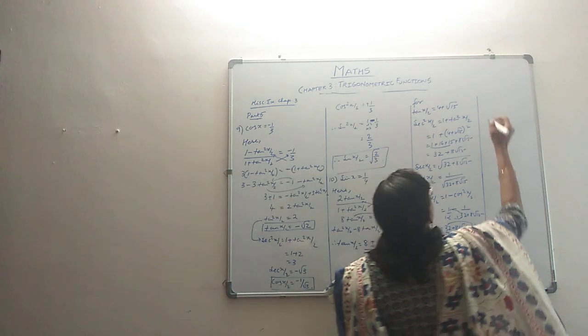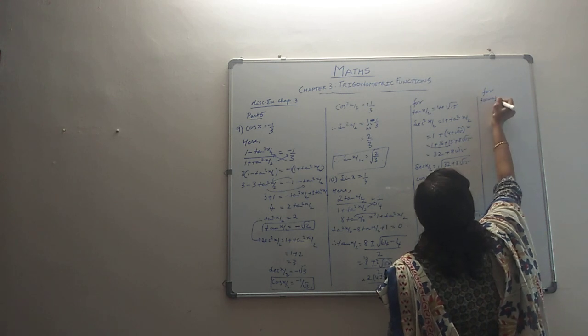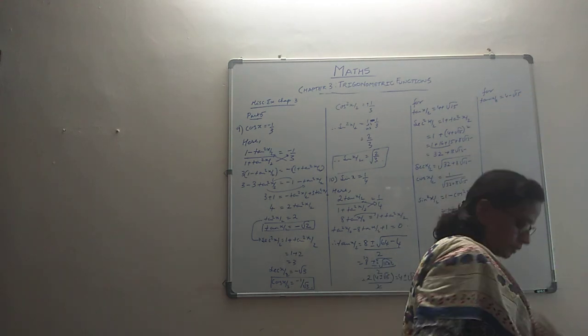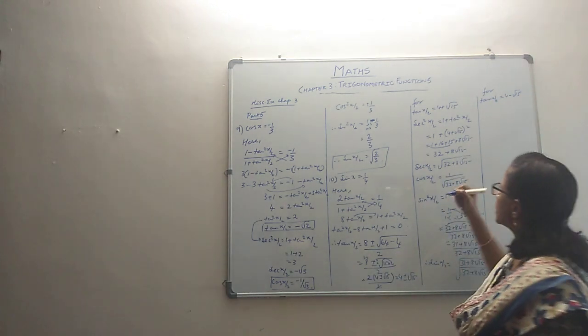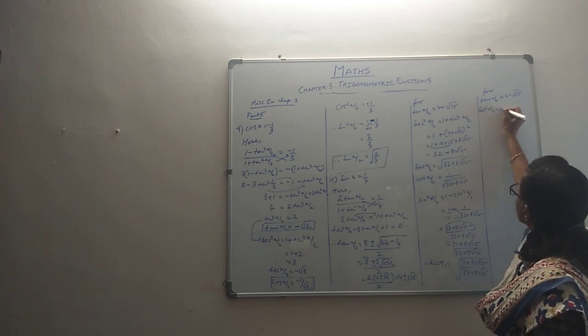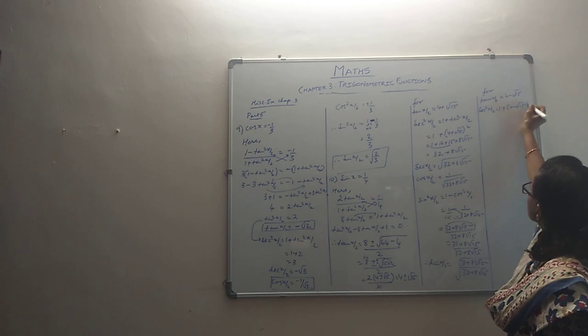Now we have to do the same thing for the other value of tan(x/2). So let's take tan(x/2) to be 4 minus root 15. Same way, sec squared is going to be 1 plus tan squared. So it is going to be 1 plus 4 minus root 15 the whole square.